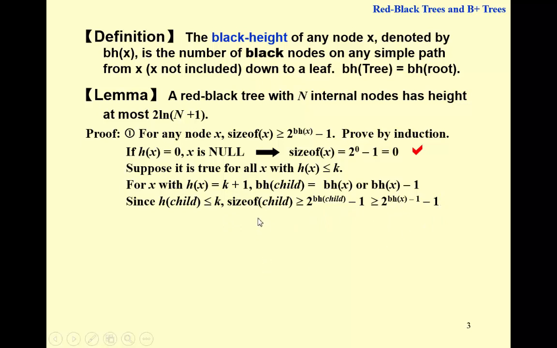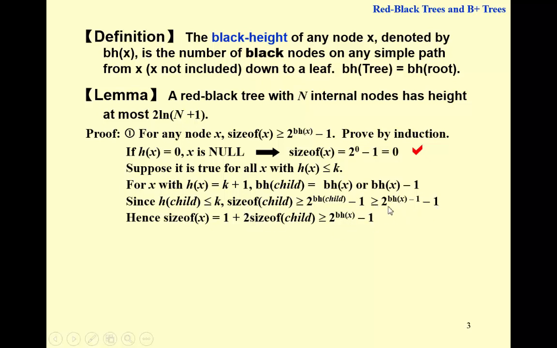Then what is the relationship between the size of x and the size of its children? Well, obviously the size of x is 1, that's the root itself, plus the size of its 2 subtrees, right? So this is 1 plus 2 times the size of child, and the size of child is bounded below by this one.